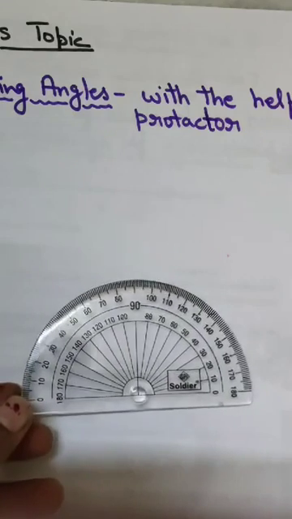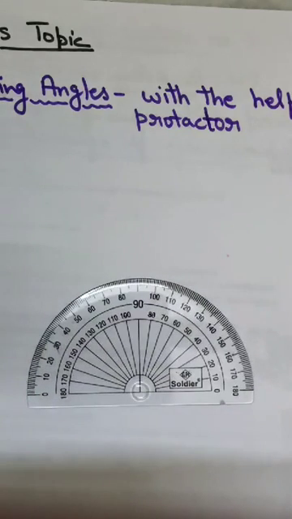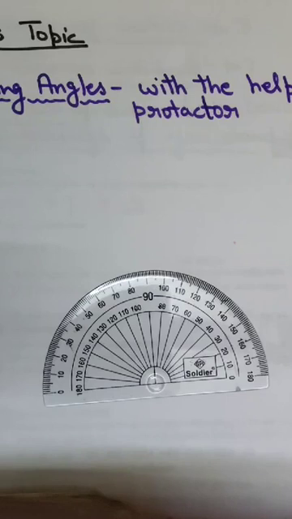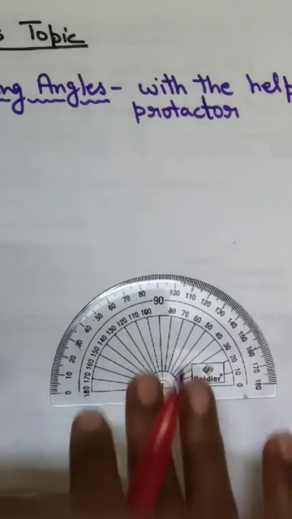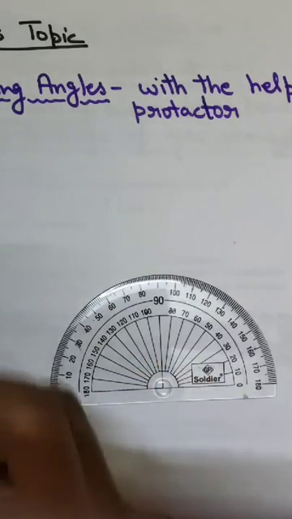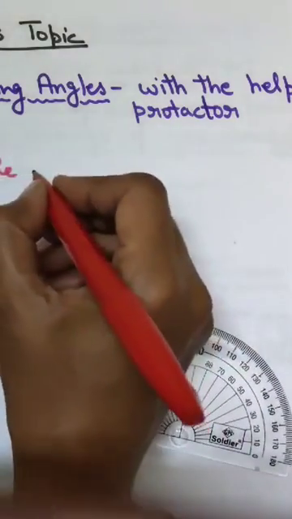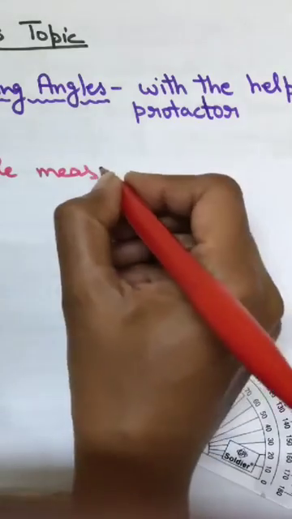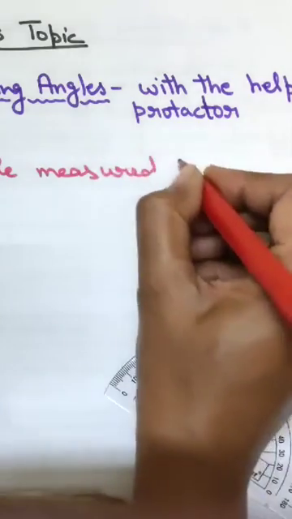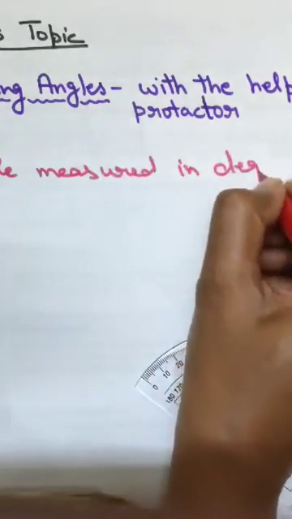Now, how do we measure an angle? An angle is always measured in degrees. The unit is degree.